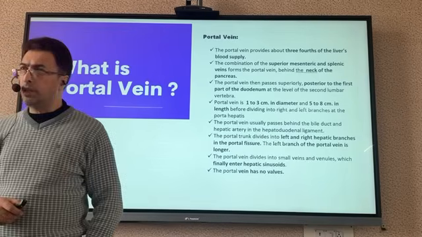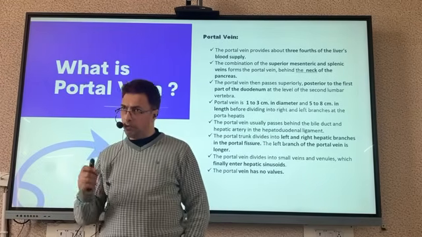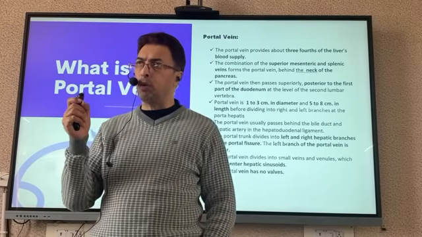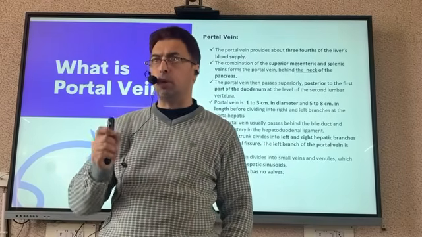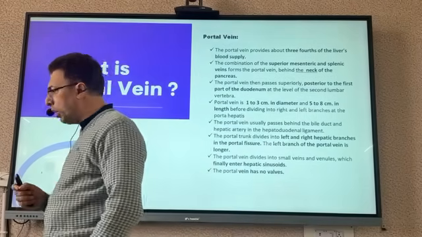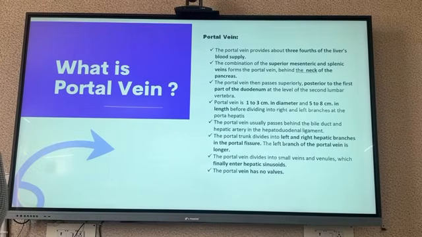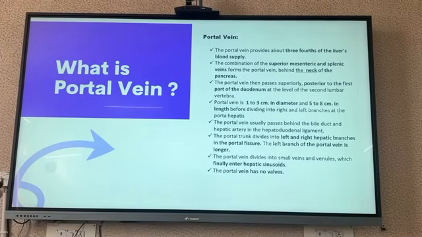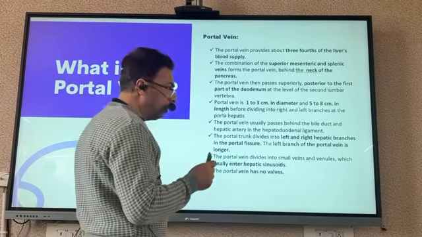These are the important points which I have enumerated for you. First of all, what is portal vein and how is portal vein formed? The portal vein is a very important vein which is formed by the union of two veins. One is the superior mesenteric vein and another is the splenic vein.